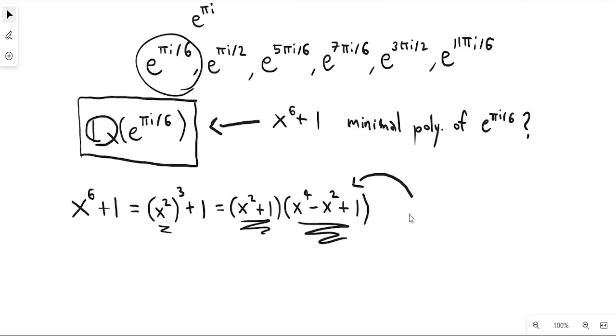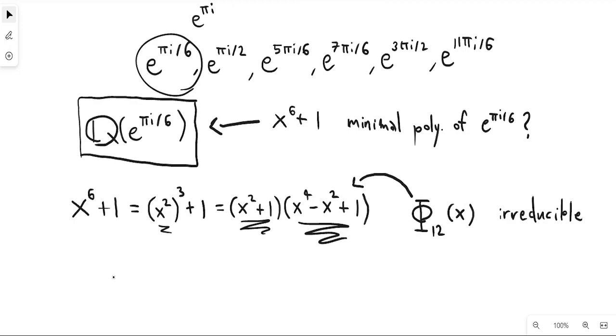Okay. This is the twelfth cyclotomic polynomial. Okay, so this is phi 12 of x. There's a general fact about cyclotomic polynomials that they're irreducible. But in particular, the roots of this polynomial are the primitive 12th roots of unity.